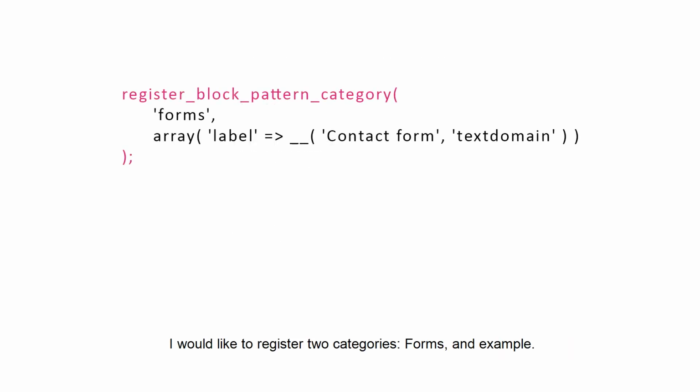I would like to register 2 categories: forms and example. This is done with the help of the function register block pattern category. It uses 2 properties: the slug, in this case forms, and the visible label.